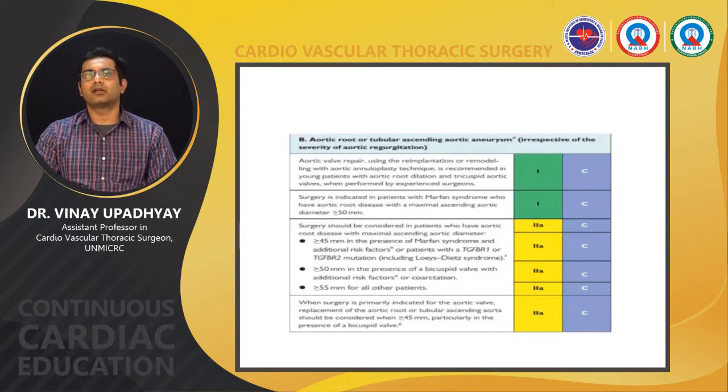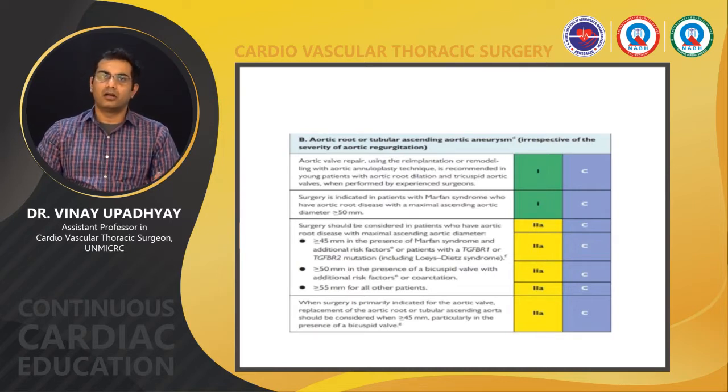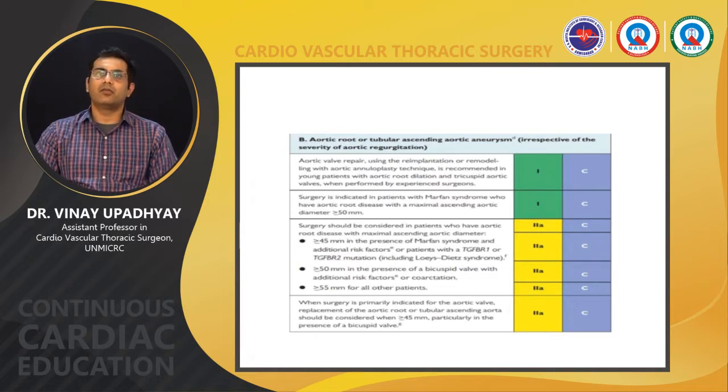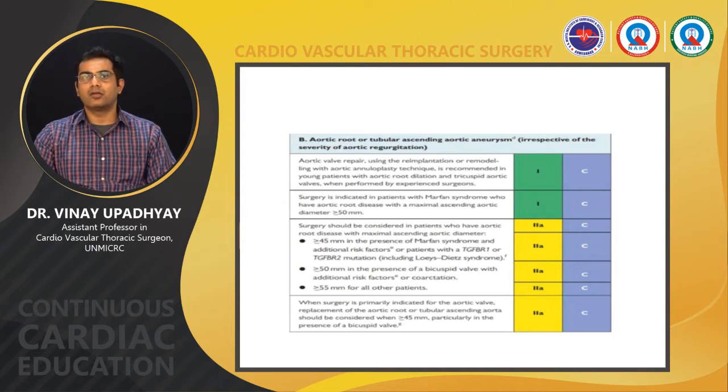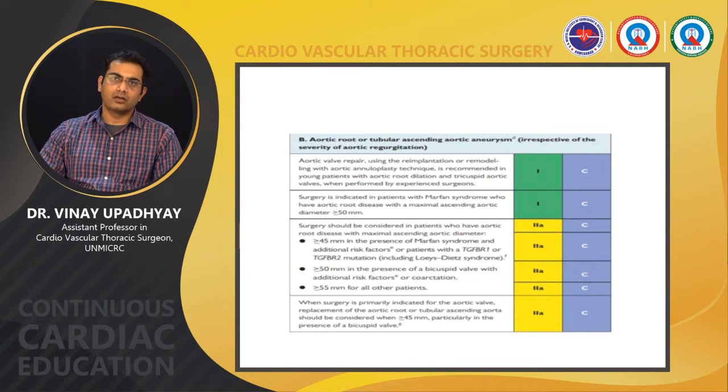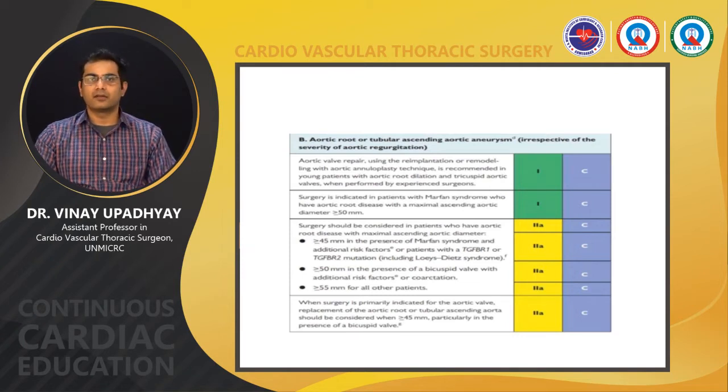These are the indications for surgery in case of aortic root or ascending aorta aneurysm. Surgery is indicated in patients who have aortic root disease with maximal ascending aortic root diameter greater than 45 mm in case of Marfan syndrome or other connective tissue disorders.